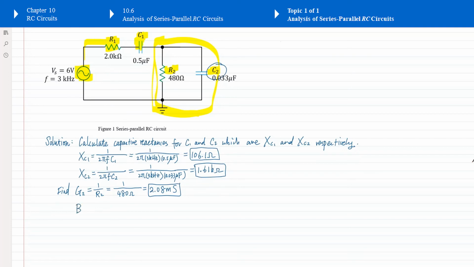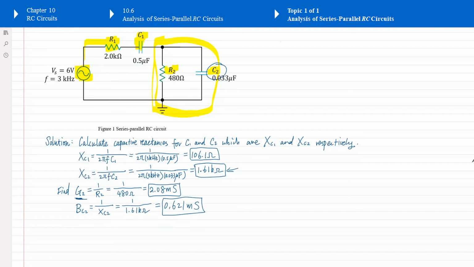So BC2 is 1 over XC2. It is 1 over 1.61 kilo ohm, and I use a calculator, I got 0.621 millisiemens.